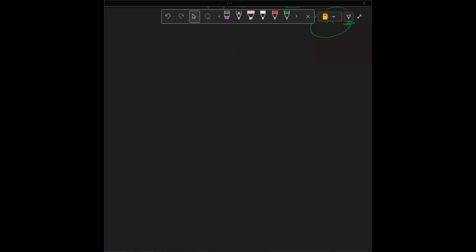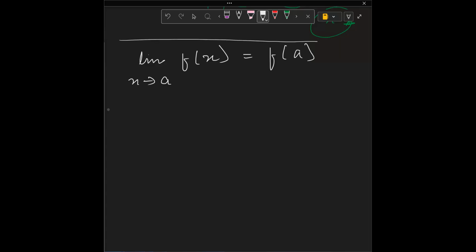Okay, so now see, in the previous slides I have written limit x tending to some a, where a represents some point, and f(x) this must be equal to f(a). This is the general term.